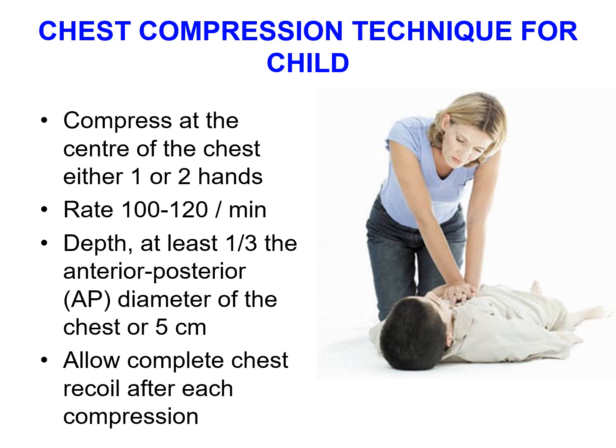The arm of the responder should always be straight with the elbow locked and the shoulder above his hands. The rate of compression should always be around 100 to 120 per minute. The depth of compression is at least 1/3 of the anterior-posterior diameter of the chest or 5 to 6 cm deep. Allow the chest to fully recoil after each compression.